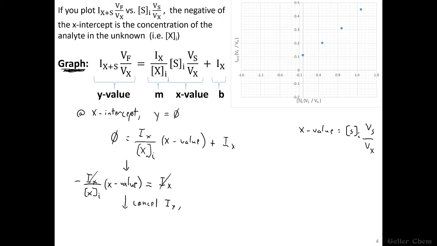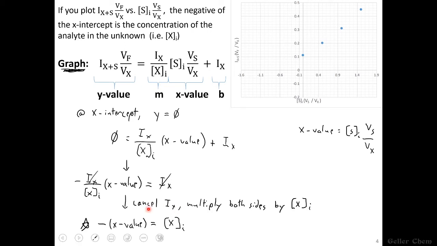And the last thing to do is multiply both sides by x initial. And what we will have is negative x value left over on the left side. And on the right side, we will have concentration of the unknown before anything is done to it. In other words, what we want to learn about. Let's star this. That's our proof right there.